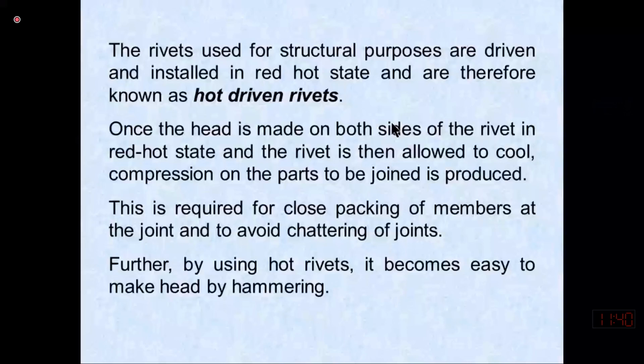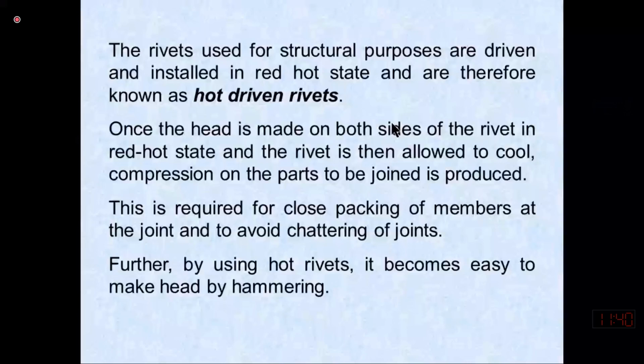If we are using A502 grade 1 hot driven rivet, the ultimate strength of this rivet is 310 megapascal and the shear strength is 172. And again, we need to multiply with the strength reduction factor of 0.75 in tension and 0.75 in shear.